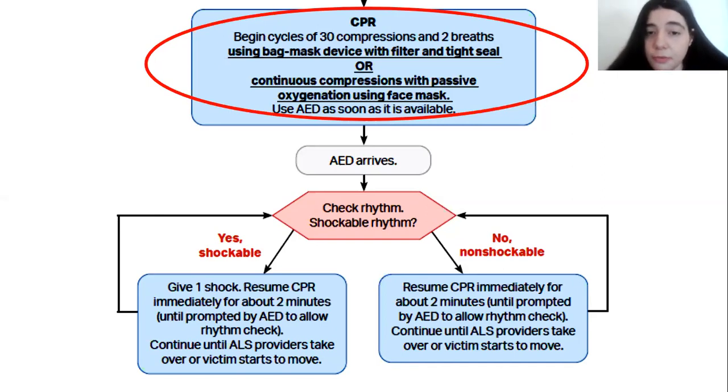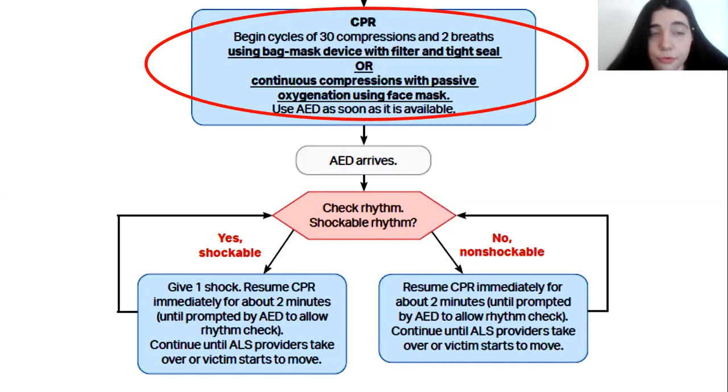When it is available, you have to check the rhythm. If it's a shockable rhythm, then give one shock, then resume CPR immediately for about 2 minutes, and of course recheck the rhythm and the pulse.